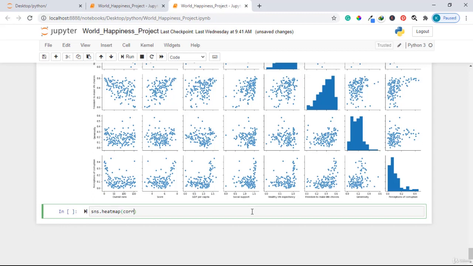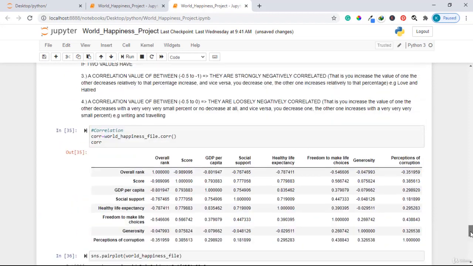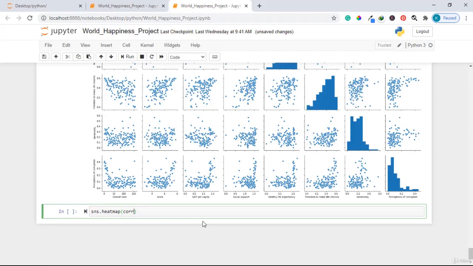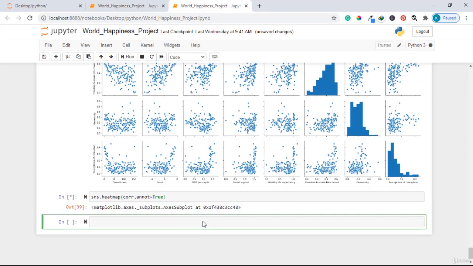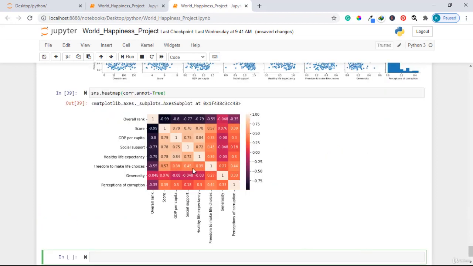First, the correlation value, which we calculated above, this core value. The next parameter is annot, which you set to true, a Boolean value, and then just run your code. As simple as that. Once you run this code, this is what displays down here.